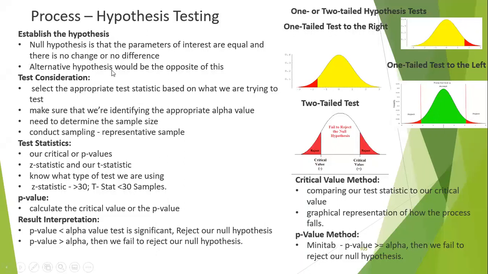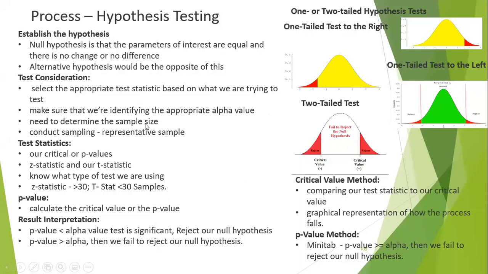Okay, and the test consideration. What we need to do is select the appropriate statistical test based on what we are trying to test. For example, if you're creating a null hypothesis and an alternate hypothesis, you have to select a test to prove your null hypothesis, right? And make sure that we are identifying the appropriate alpha value. Based on your test and alpha value, you have to determine the sample size.